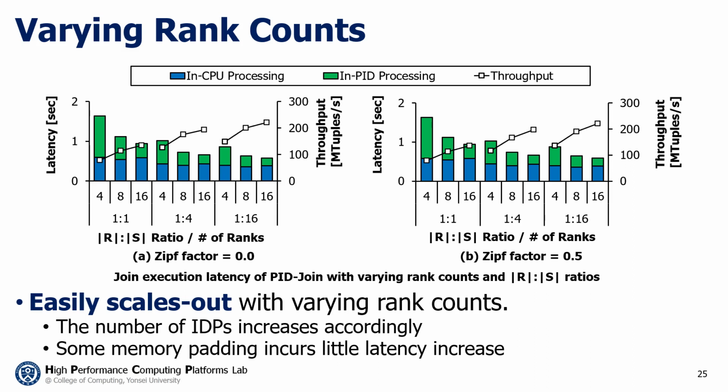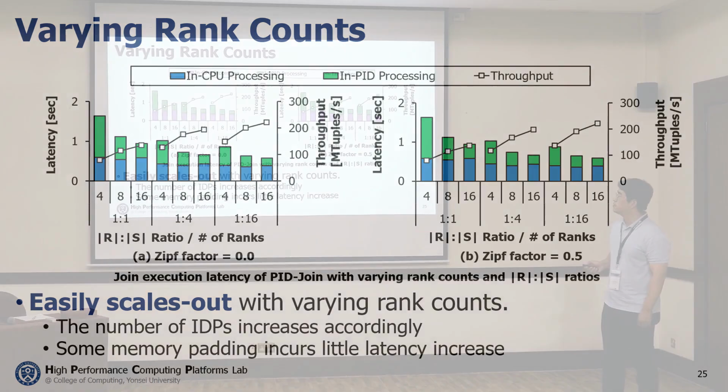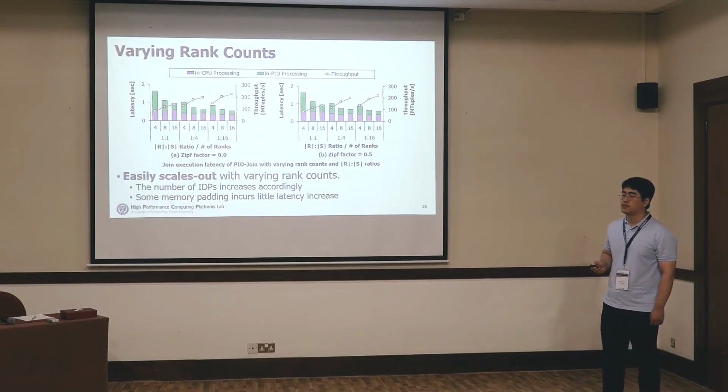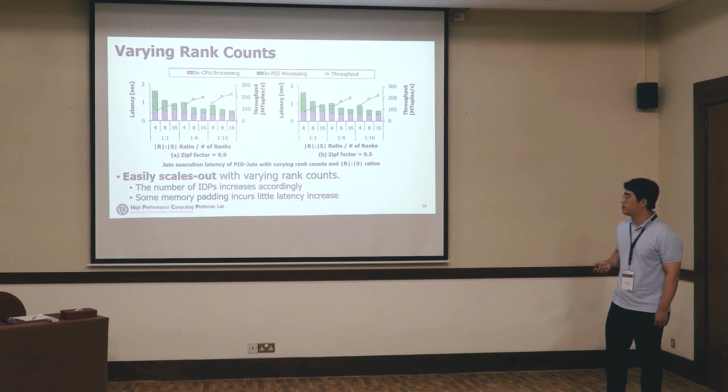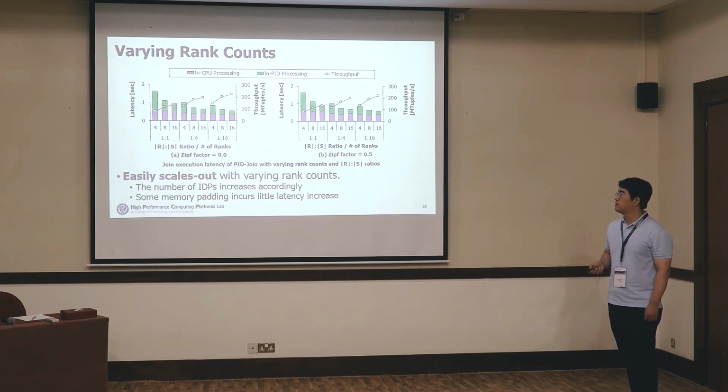As you can see, PID-Join can easily scale out with various rank counts. The PIM processing time decreases because the number of processing elements increases. And there is a little bit of latency increment in the CPU processing time because there is some memory padding to perform the data transfer between the PIM DIMMs.